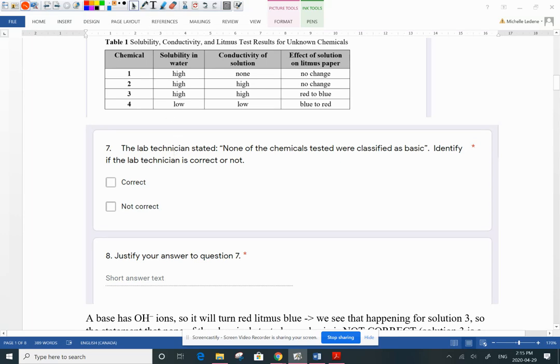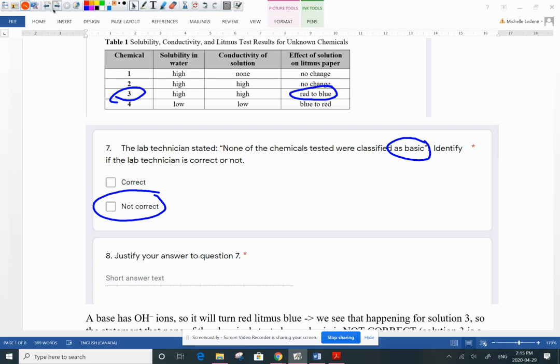Okay, here's another statement saying none of the chemicals were classified as basic. Well, you guys know from Science 10 that if it's a base, red litmus goes from red to blue. And so clearly chemical 3 is a base. So this is obviously not correct. And there is a base, and it is chemical number 3.